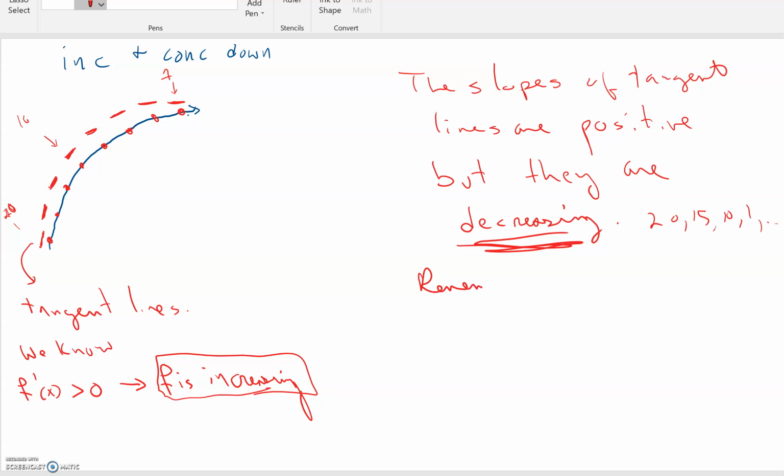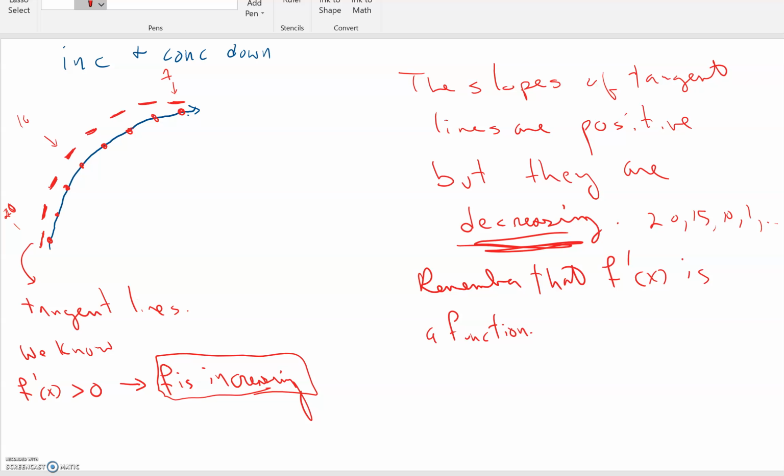Remember also that f prime of x is a function in its own right. So basically here's what we're going to do. We're going to try to use the first derivative test on the derivative. So it's actually going to be kind of like the second derivative.